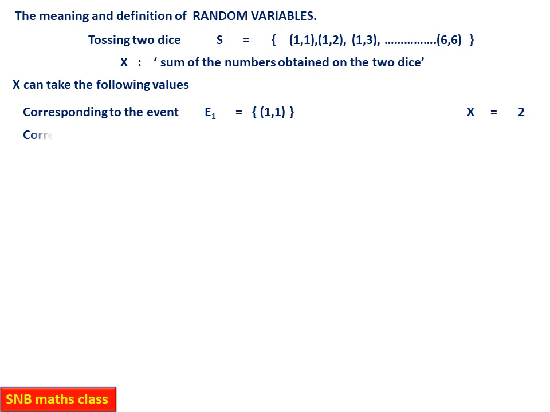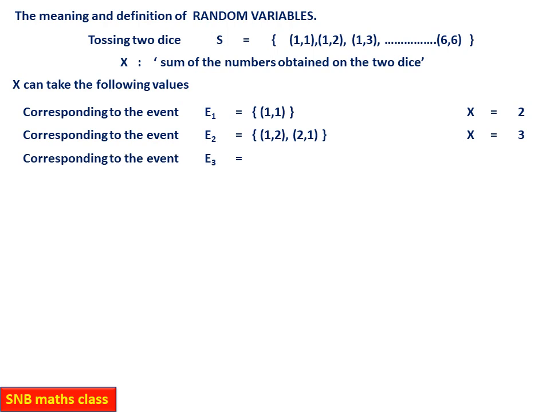So 1 plus 1 is 2. Now you can also think of another event, say E2, which consists of 1 2 and 2 1, and the sum of both is 3. Therefore X equals 3. Similarly, we can take another event E3, which consists of 1 3, 2 2 and 3 1, and the sum of all these three outcomes is 4. So X equals 4.